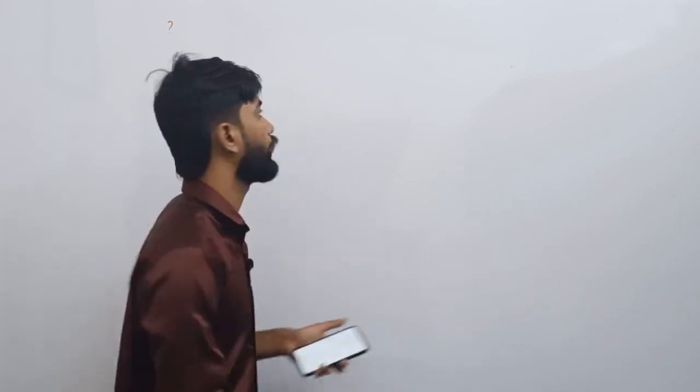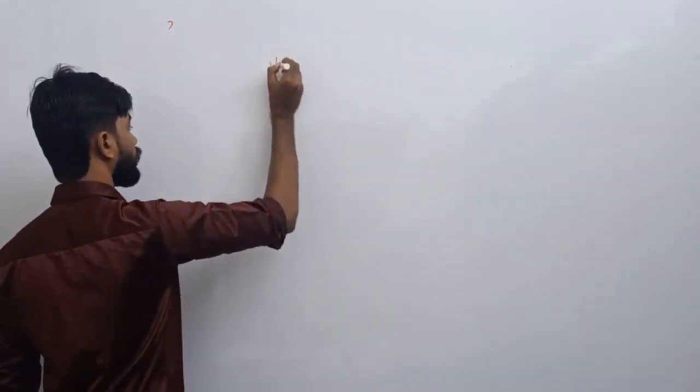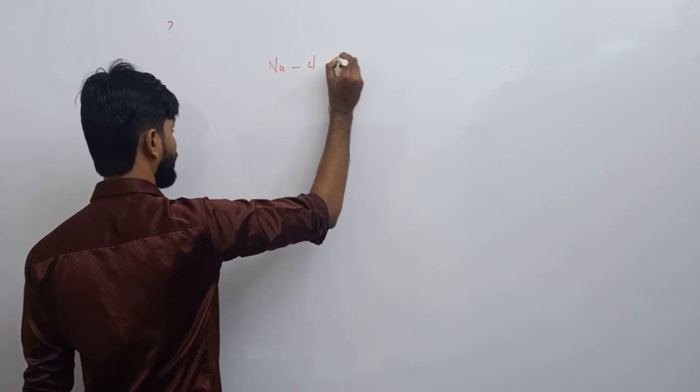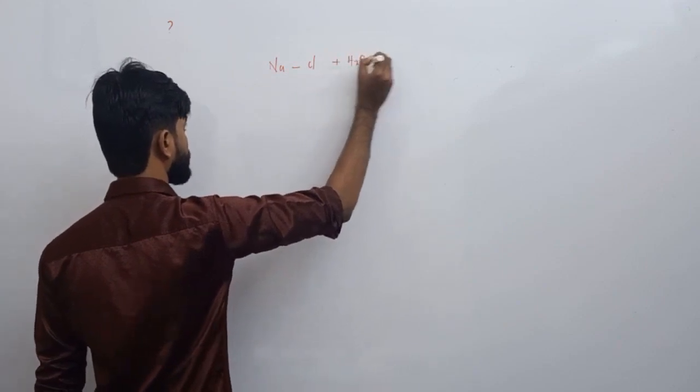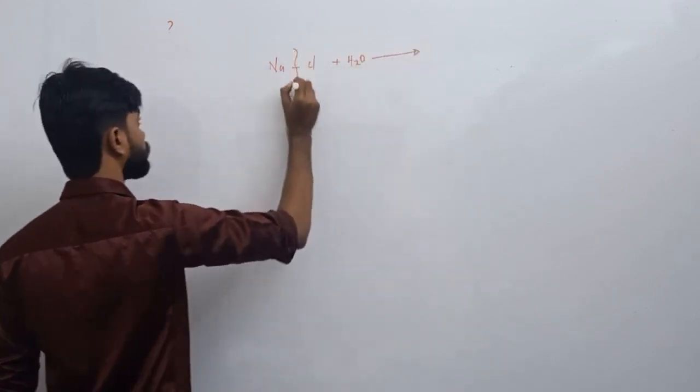Question number 33. Which of the following is not a redox reaction? First one, neutralization of acid and base. No doubt, it is not a redox reaction. Second one, salt hydrolysis. Let we have NaCl and it is hydrolyzed. How would it get hydrolyzed?